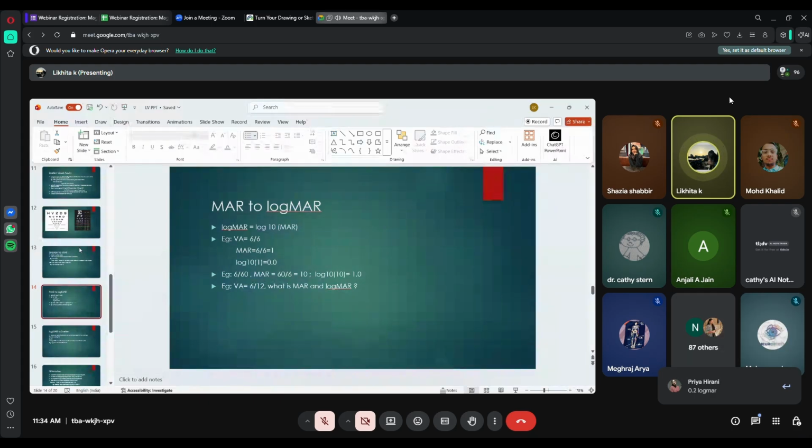I got different answers like 0.2 and 0.3 logMAR. If you calculate log 10 of 2, then it will be 0.3 with some decimals logMAR. Yes, it's 0.3.